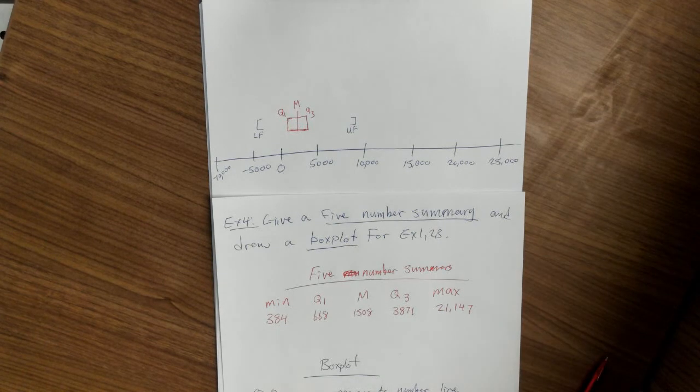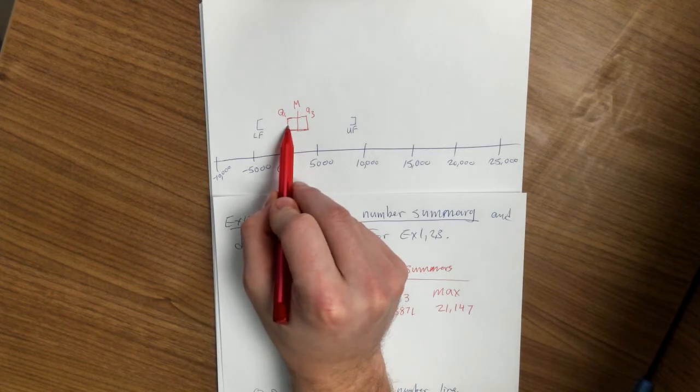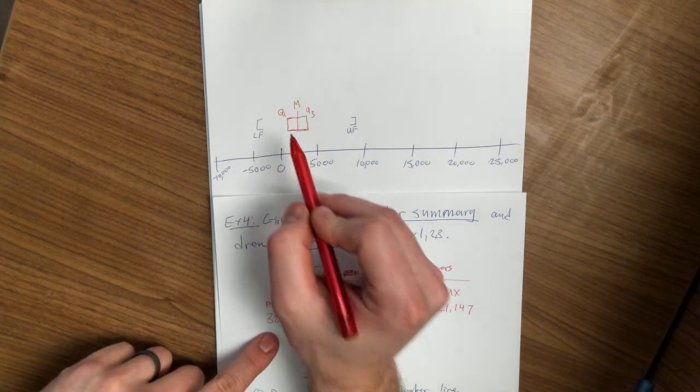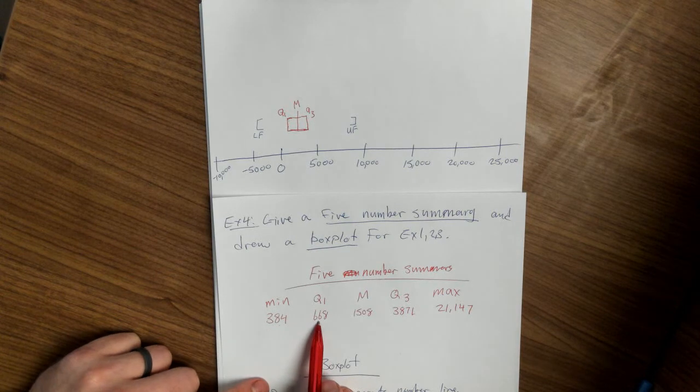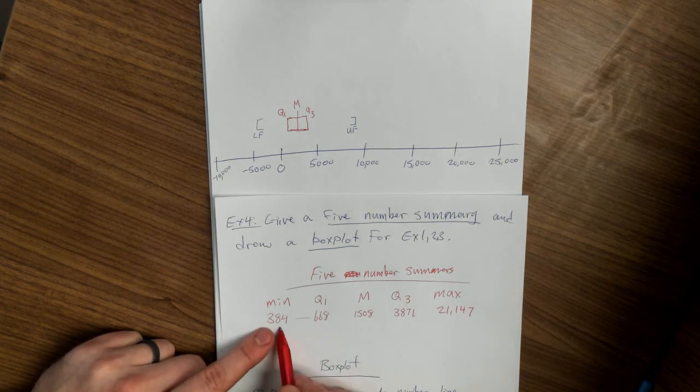Now what we want to do is draw a line from the box to the smallest value inside of the fence. So I'll start here at Q1, and I want to draw a line until I reach the smallest value. So I know this value was 668. So I'm going to draw just a horizontal line on my box up there until I get to 384.